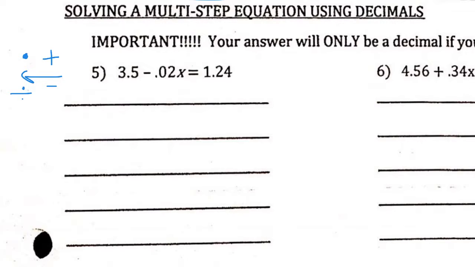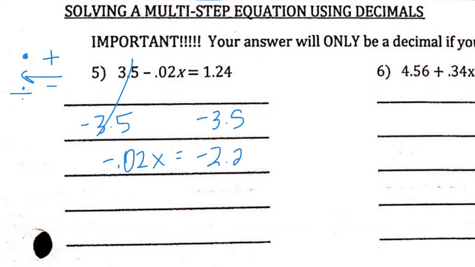So the first thing I'm going to do is I'm going to subtract 3.5 from both sides. That cancels out, and I have negative 0.02 times x is equal to negative 2.26. Then I'm going to divide both sides by negative 0.02.